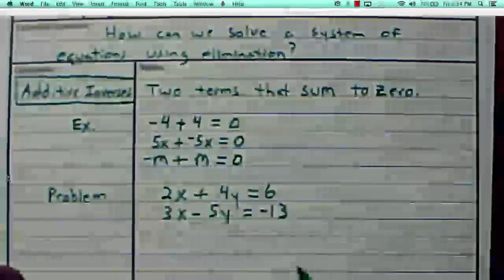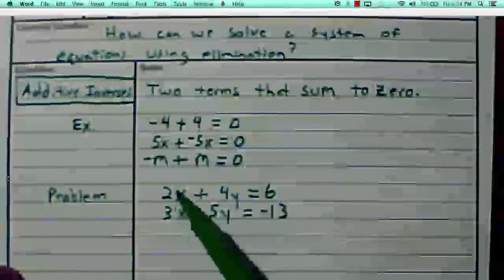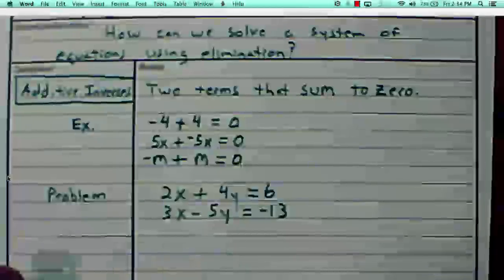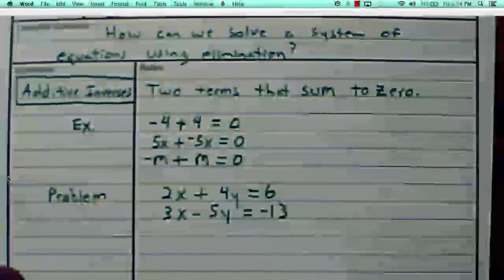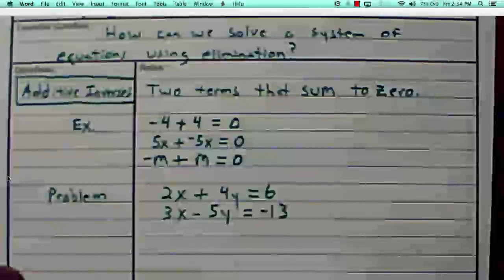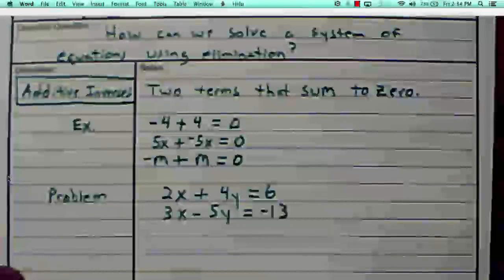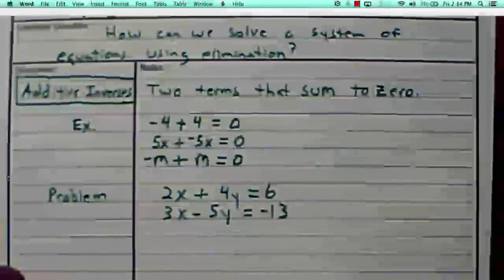This is our system. A system is two equations with the same variables. We have x and y in this case. Two equations using those two particular x and y's.